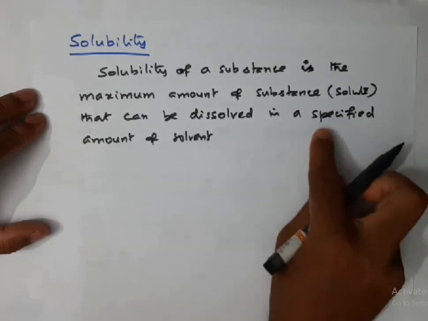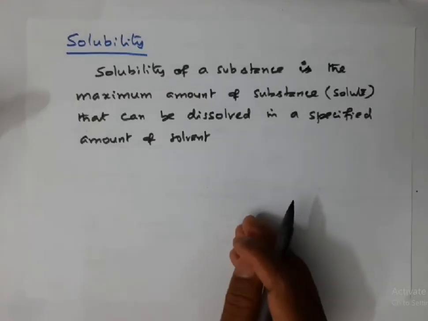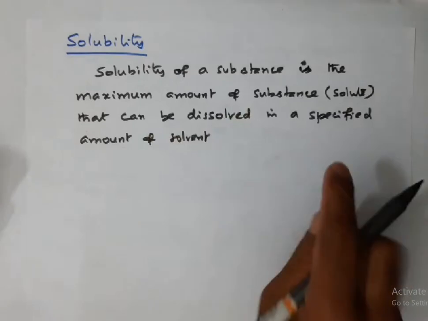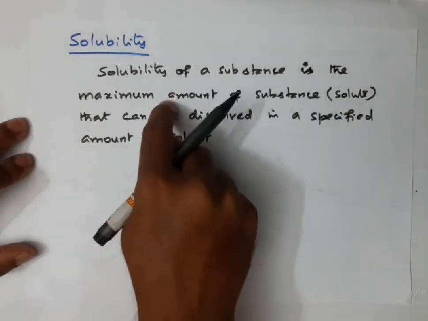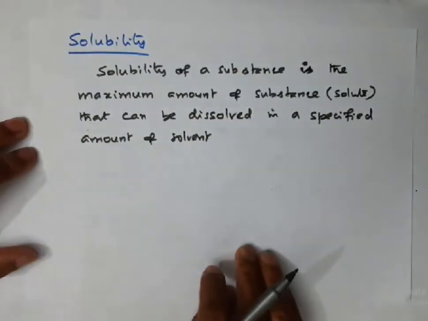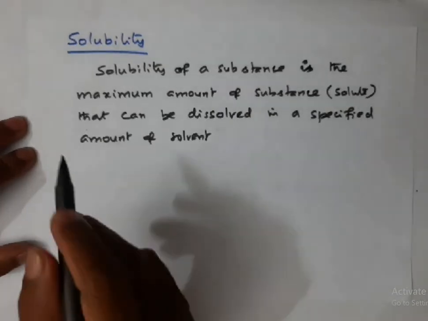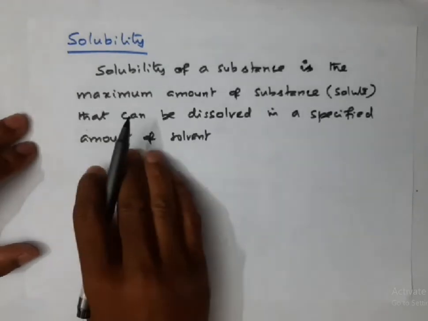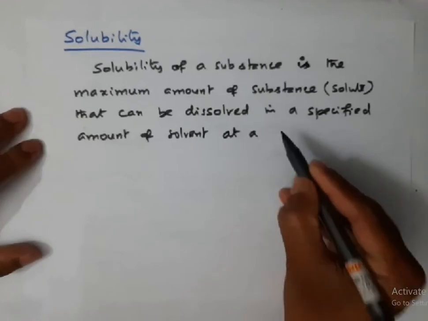Here the solvent may be 1 liter, 100 ml or 100 grams, whatever it is. You take some specified amount of solvent. In that solvent, what maximum amount of solute can be dissolved? So solubility of a substance is the maximum amount of substance that can be dissolved in a specified amount of solvent at a specified temperature.